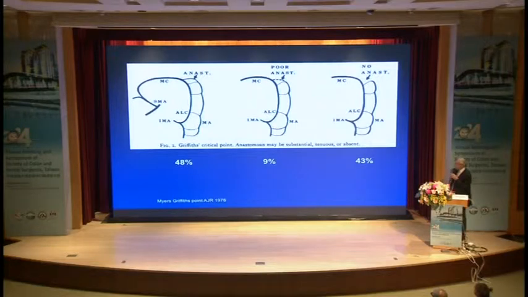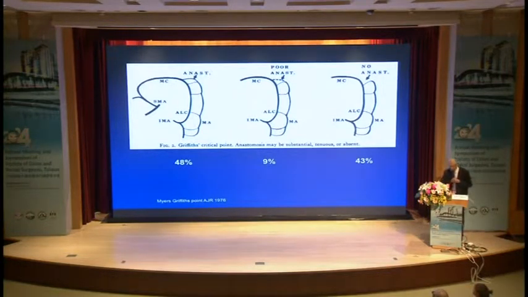And what he showed was that the continuity of Drummond's artery, the marginal artery, was either faulty or absent in practically half of the cases. So that continuity between the mesenteric arteries, left and right, or inferior and superior, is far from something that's constant.